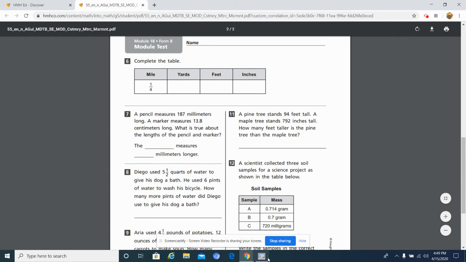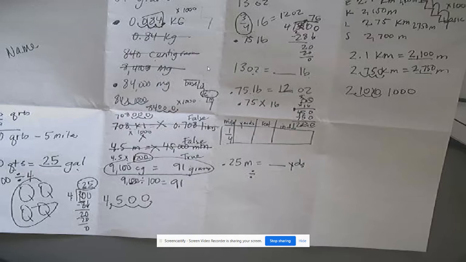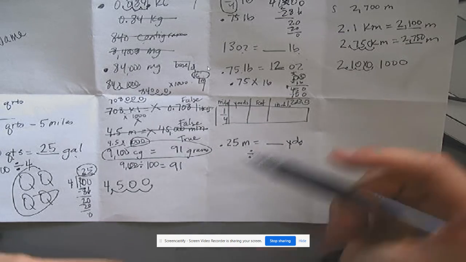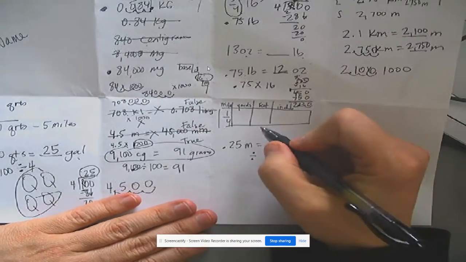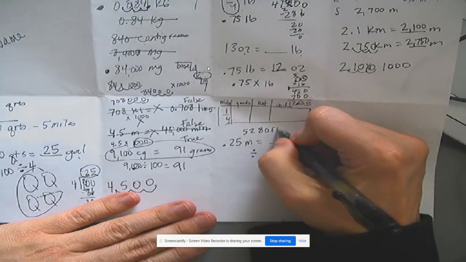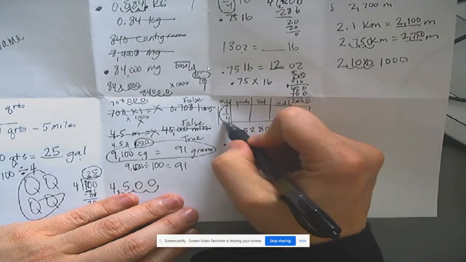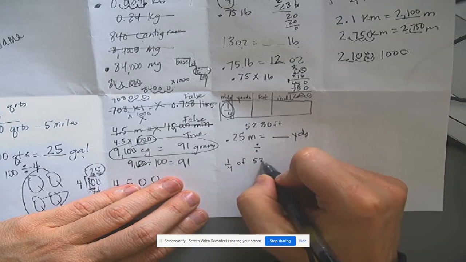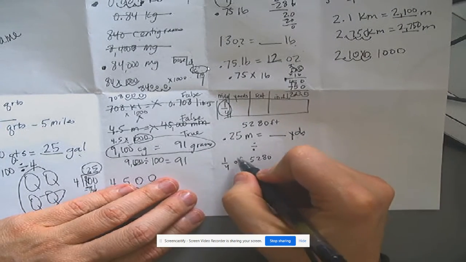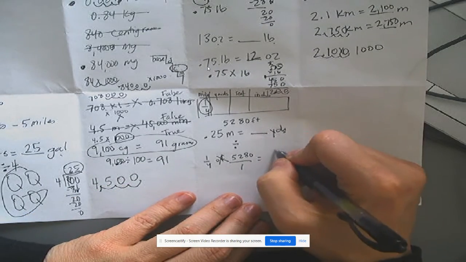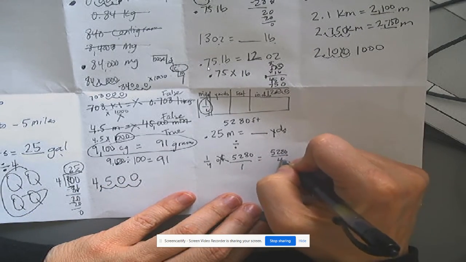Does anyone remember what our saying was for a mile? How many feet is in a mile? Do we know? Well, what's our saying? 5 tomatoes is a feet, okay? But if we're finding out what 1/4 of 5280 is, 1/4 of tells us to do what? Multiply. So we're going to multiply straight across over 4.